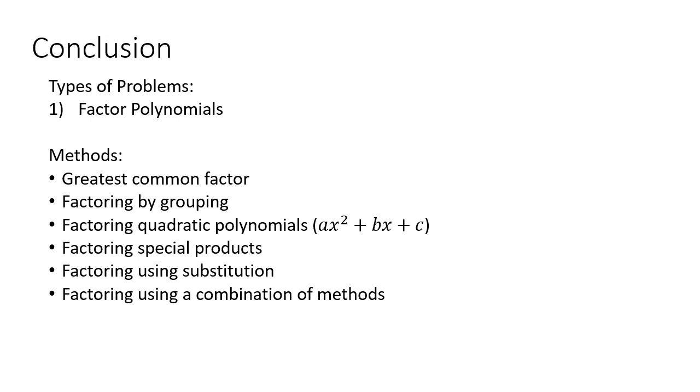Special products: know the formulas for the difference of perfect squares and the sums and difference of perfect cubes. And then we've got factor using substitution, which is where you take something that looks kind of like a quadratic polynomial and use substitution to make it look exactly like a quadratic polynomial. And of course, you can have problems that combine multiple of these methods together.